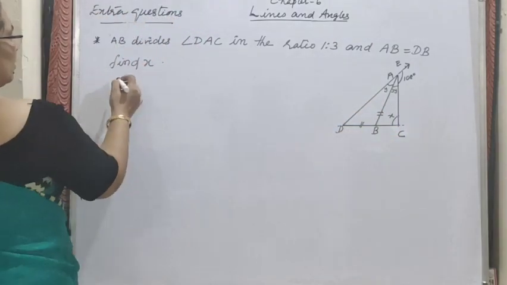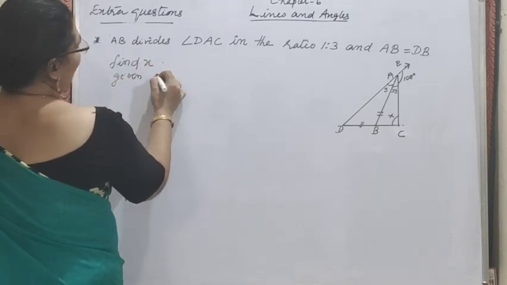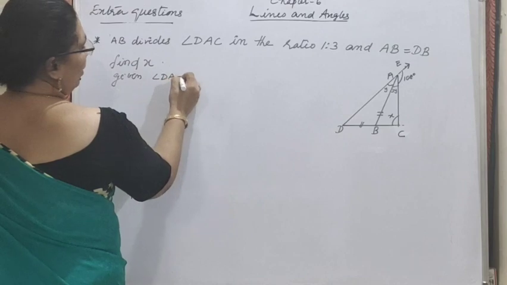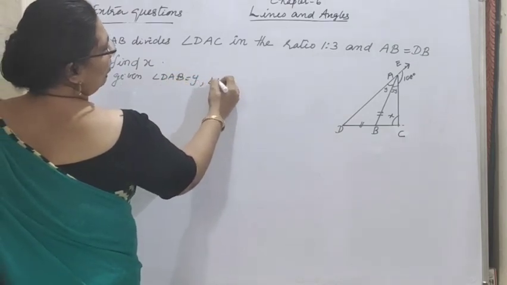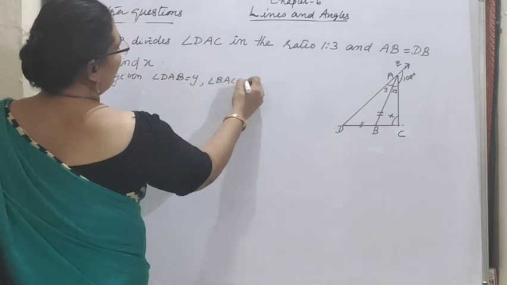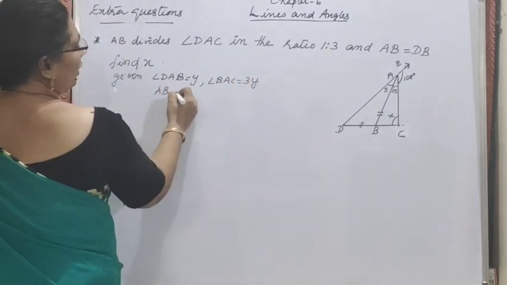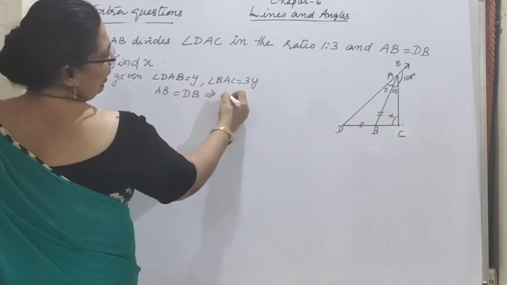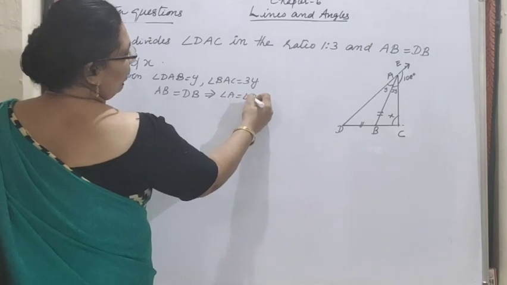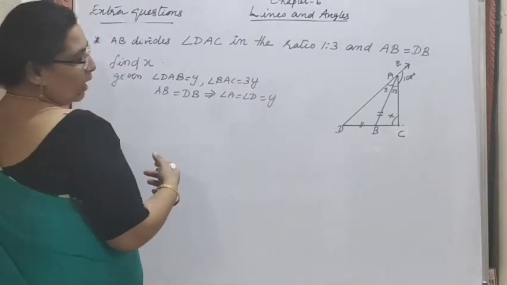So what is given in the question, we will write that angle DAB equal to y and angle BAC equal to 3y. AB equal to DB implies angle A equal to angle D also equal to y, because both the base angles are equal.